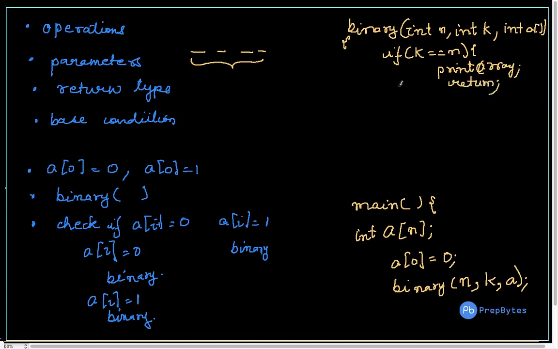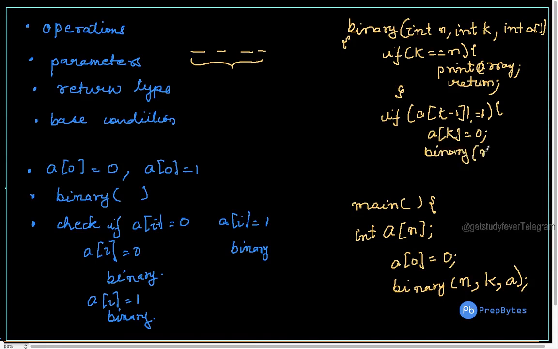Okay, this is what I'm supposed to do. Now what are the other operations that I have to perform? I check that if a of k minus 1 is not equal to 1, in that case I'll do a of k is equal to 0, and I'll call binary.